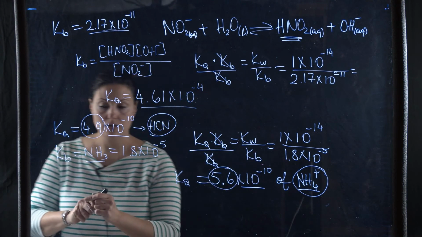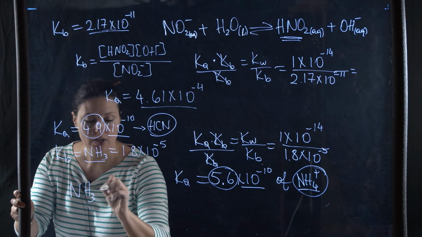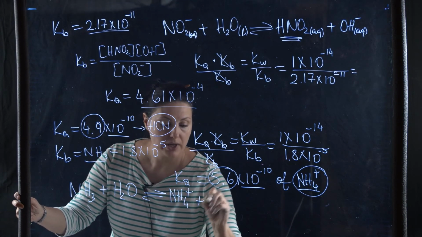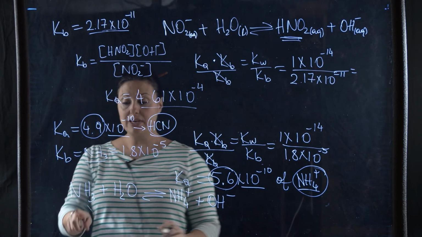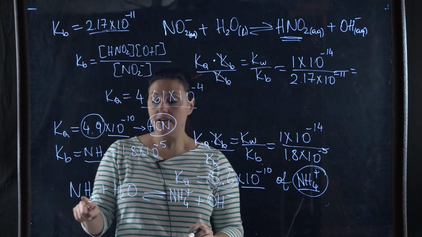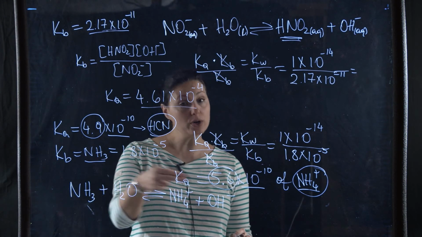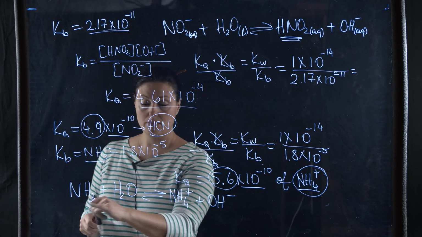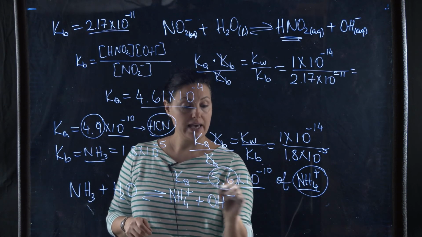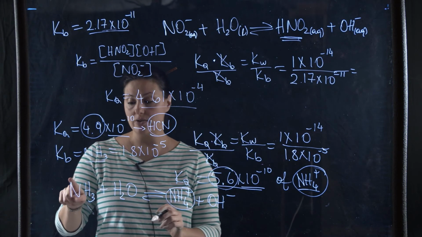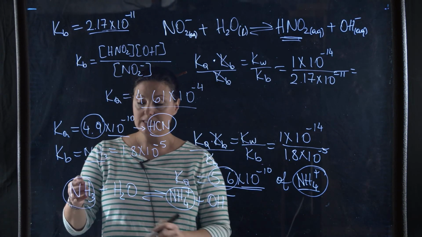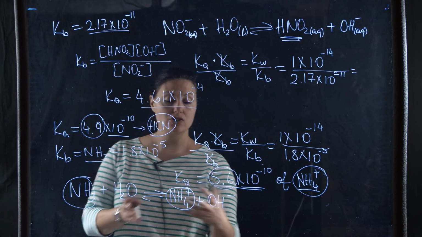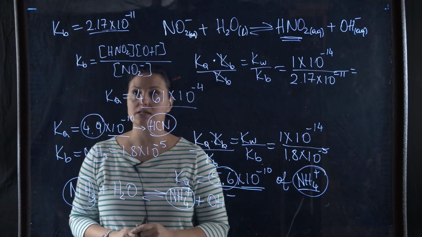So when I look at the dissociation of NH3 plus H2O, giving me NH4 plus OH minus, because NH3 is a stronger base, it's going to dissociate more, so the forward reaction is going to proceed more than the reverse reaction of NH4 plus giving me NH3 plus H2O, because the Ka of this acid is a smaller value than the Kb of this base, which means that this is going to dissociate more into NH4 plus and OH minus. The reaction is going to lie towards your products instead of towards your reactants.